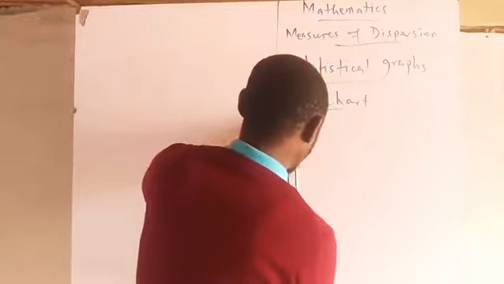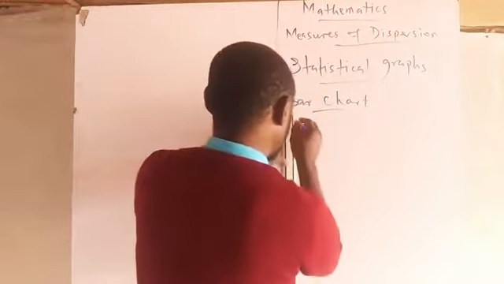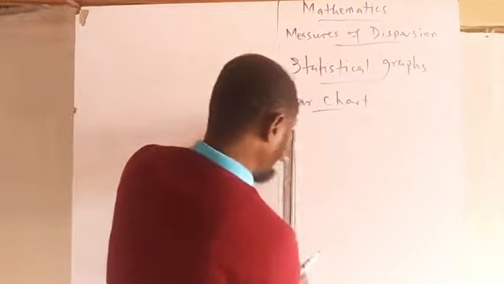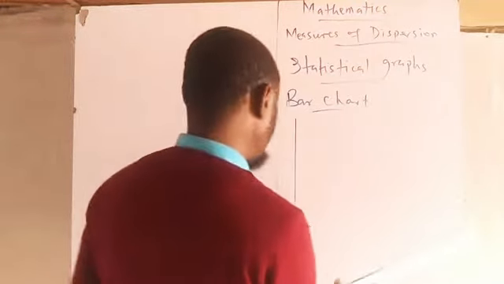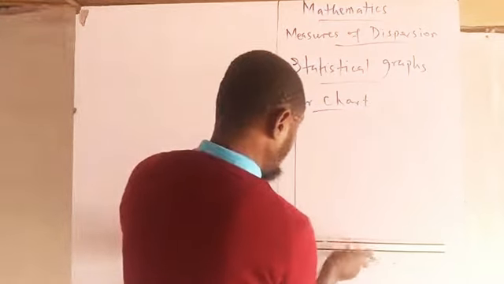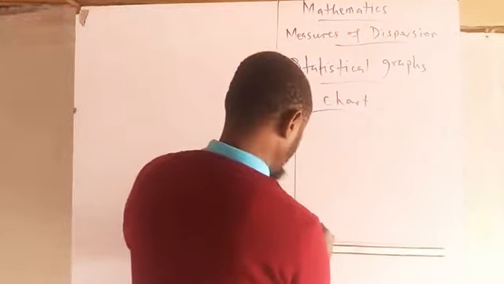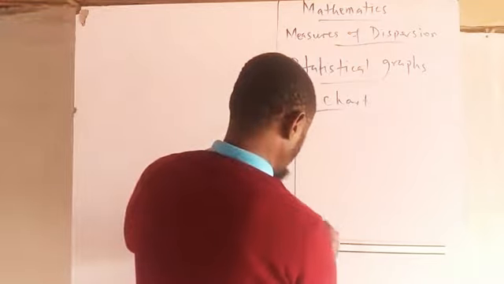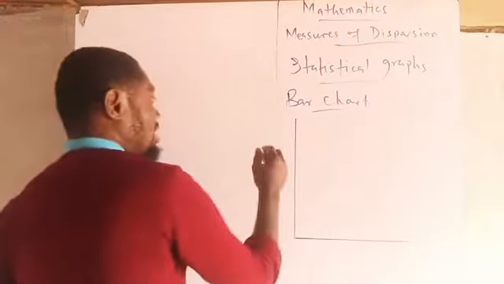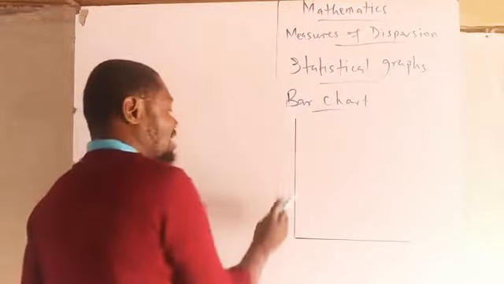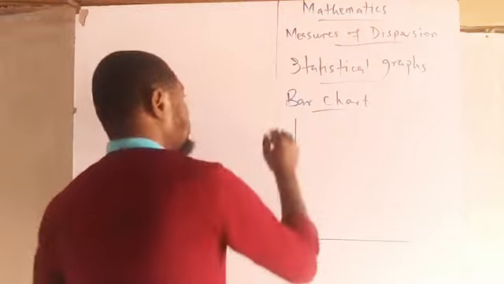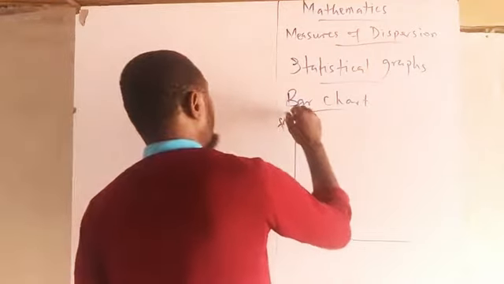You also need your horizontal line. The vertical line is on the vertical part. The numbers you write here are the frequencies. So here's your frequency.